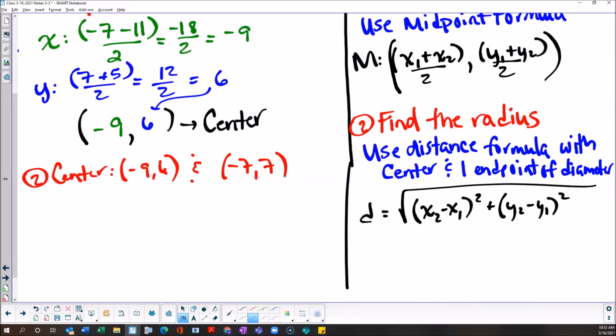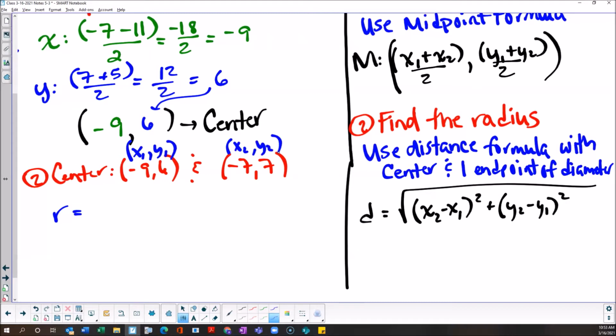Instead of using the distance here, let's just call it R, so I don't get it confused with D as in diameter. Here, this D stands for distance, not diameter, but I'm trying to find the length of the radius, and I can call either of these point 1 or point 2, doesn't matter which one is which.